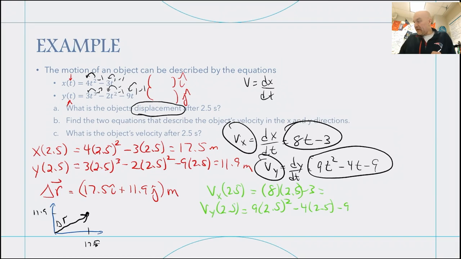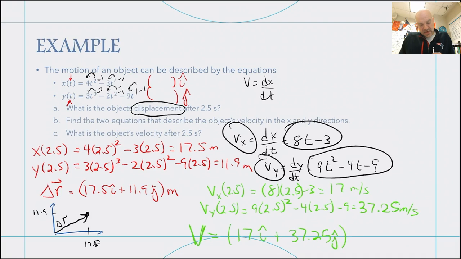And so we get an i notation of 17 meters per second, and for the y, 37.25 meters per second. So the velocity of this object is going to be 17 i hat plus 37.25 j hat meters per second.